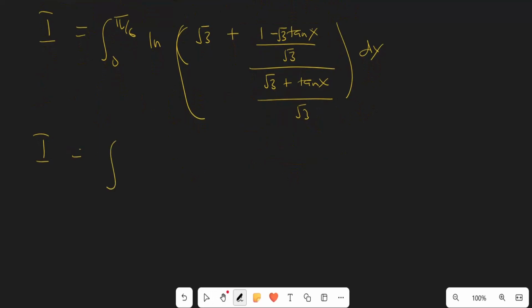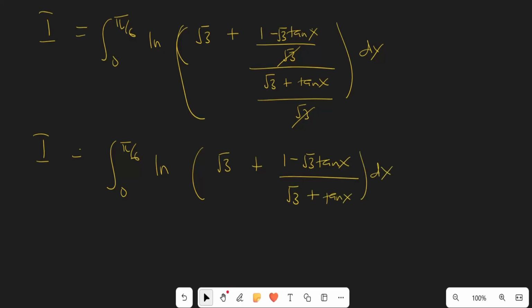So I is going to be the integral from 0 to pi over 6 of the logarithm of square root of 3. These ones will cancel out. You are left with 1 minus square root of 3 tan of x all over square root of 3 plus tan of x dx.